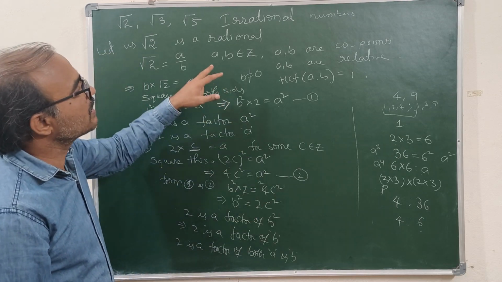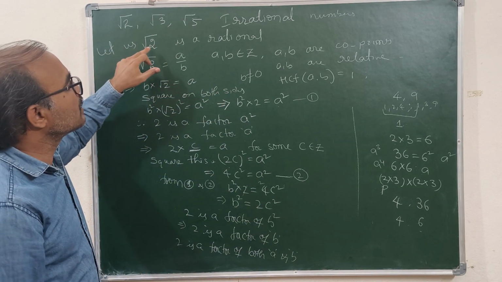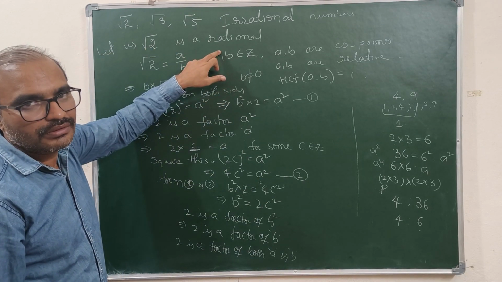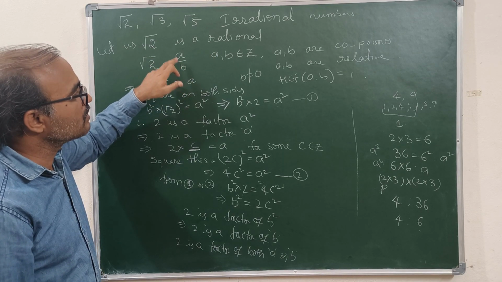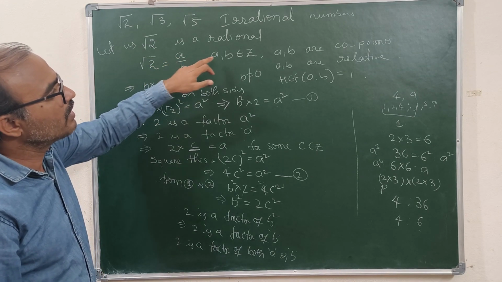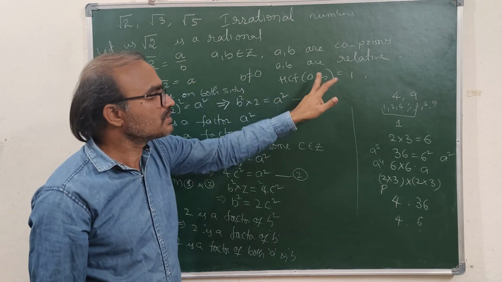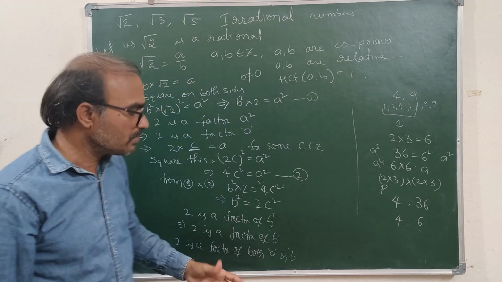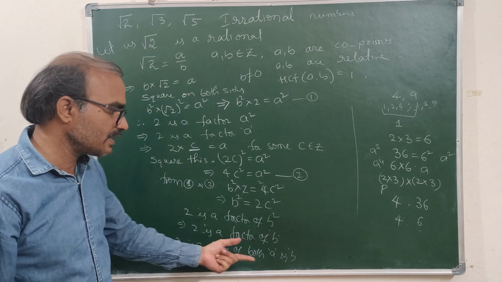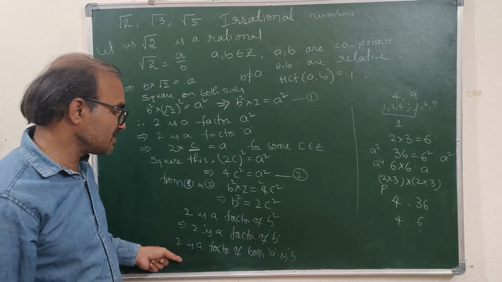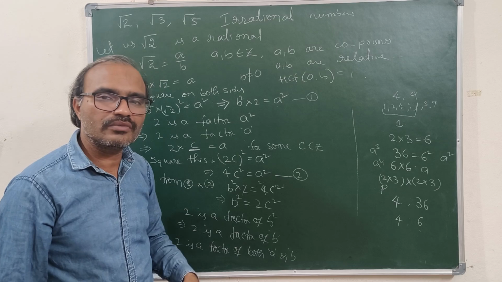But what have we considered here? We have considered root 2 as a rational number. If it is a rational number, there will exist two integers a and b, where a and b are co-primes, meaning their HCF must be 1 only. But here 2 is a factor of both a and b.